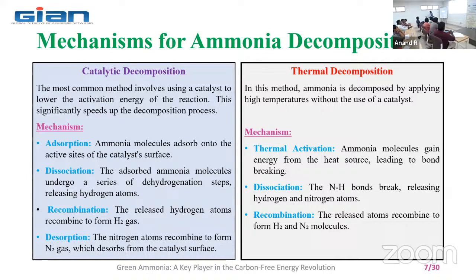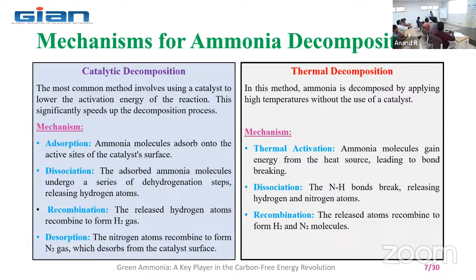So the minimum energy you need to utilize to break the molecule is achieved by using a catalytic coating. Compared to thermal decomposition, the activation energy for the particular process is reduced. By doing so, you provide only lesser energy input compared to the thermal decomposition method.